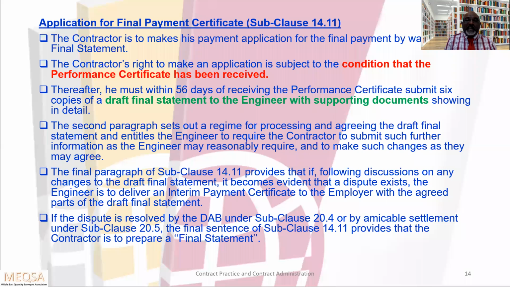If the dispute is resolved by the Dispute Adjudication Board, DAB, under subclause 20.4 or by amicable settlement under subclause 20.5, the final sentence of subclause 14.11 provides that the contractor is to prepare a final statement.